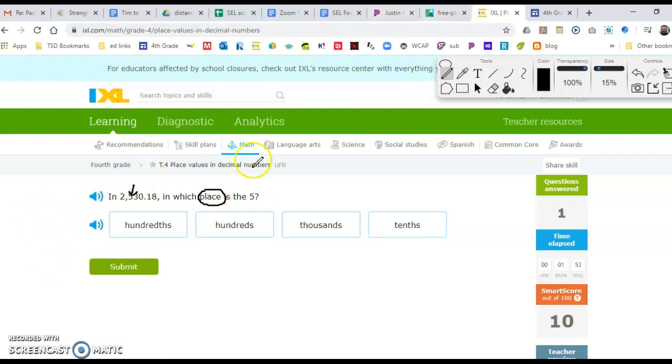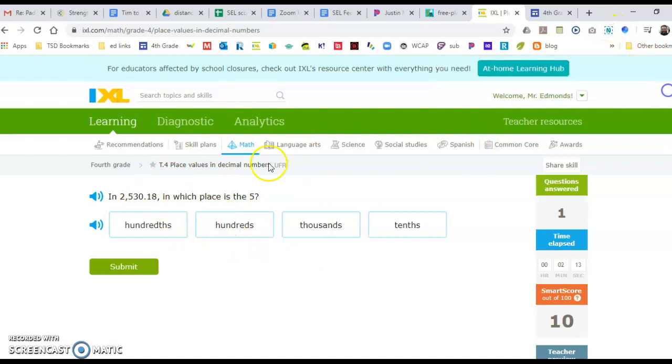We could go back to our place value chart and take a look at that, but if we look here, that's our ones, that's our tens, that's our hundreds. And remember kids, right here, if we see the TH, that's the part. If there's no TH at the end of the word, that means it is a whole number. So we have 5 whole hundreds, otherwise known as hundreds place.